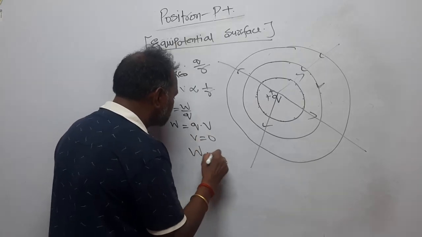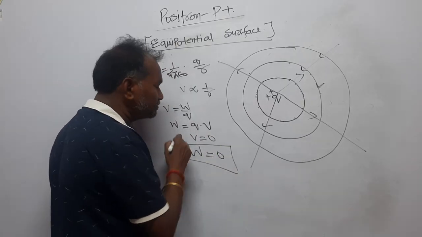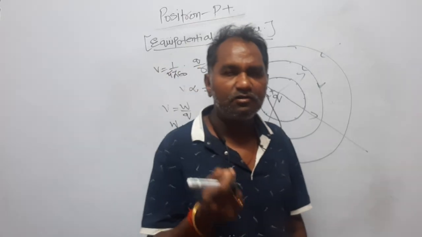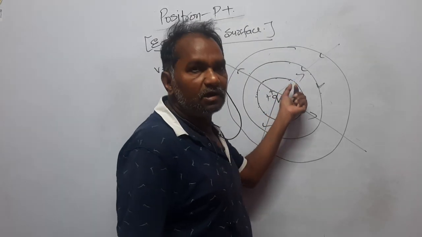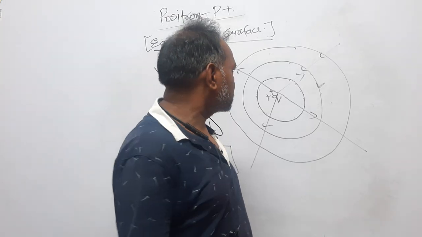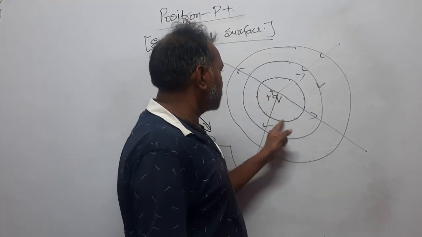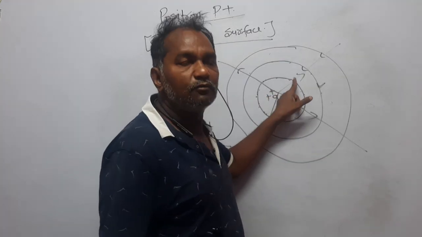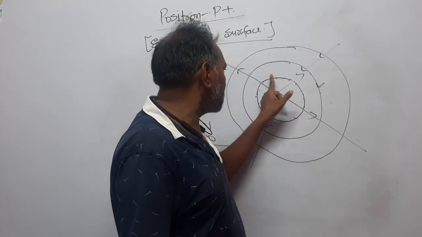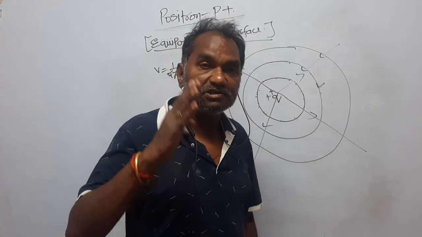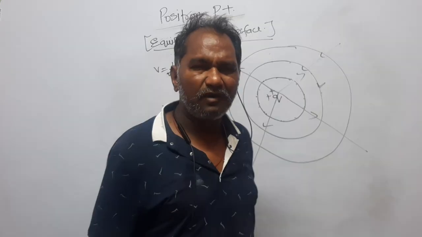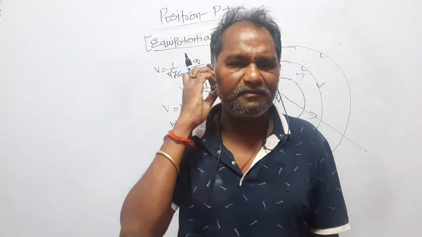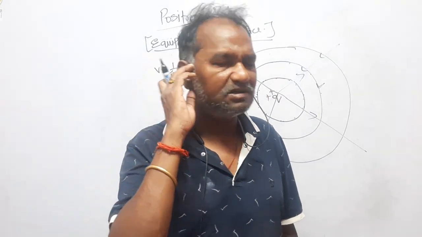So no work is done in moving a charge over that sphere. If you want to move a charge Q from here to here on the surface of the same sphere, the work done would be 0. Why? Because the potential difference between any 2 points will be 0.